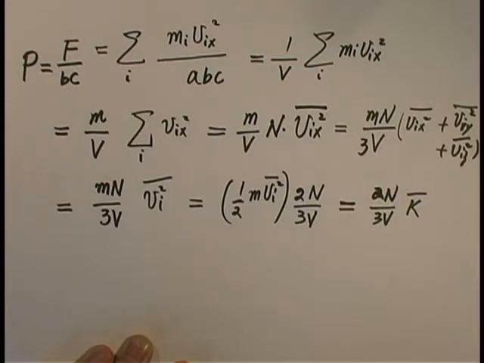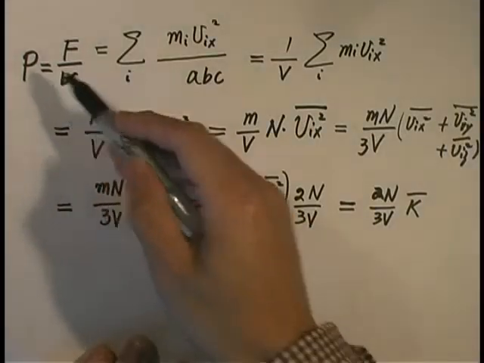Now, please don't forget that in the previous chapter we already introduced something about the pressure. The pressure of an ideal gas is related to its volume and its temperature. Remember that? In fact, you have P here, you have V here.